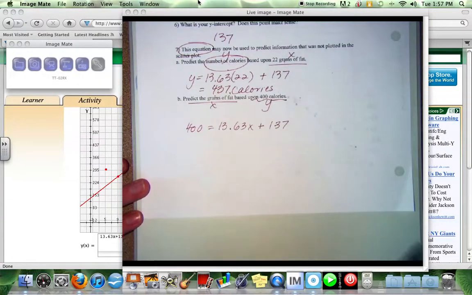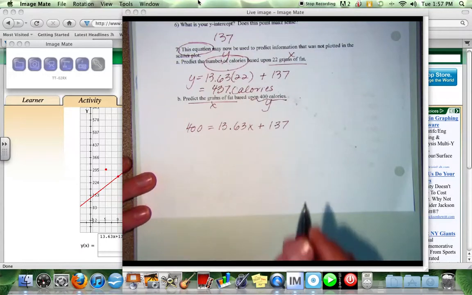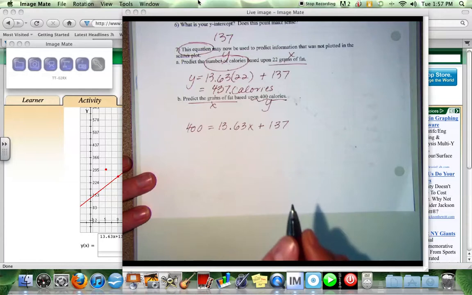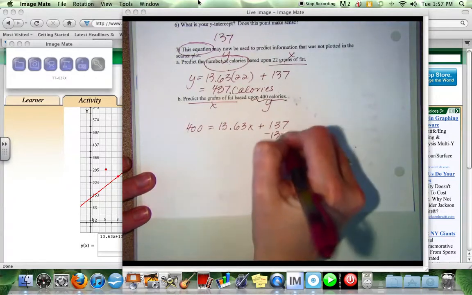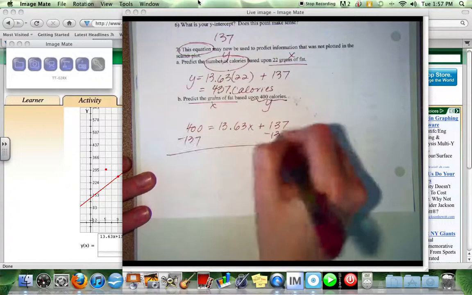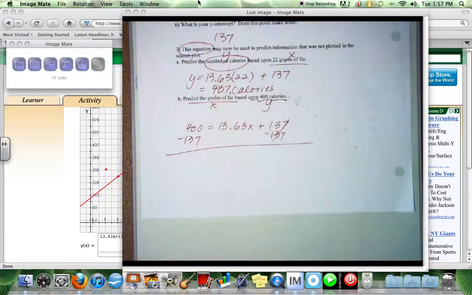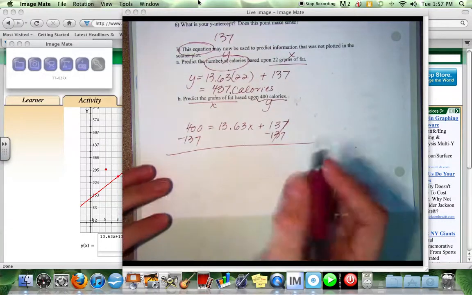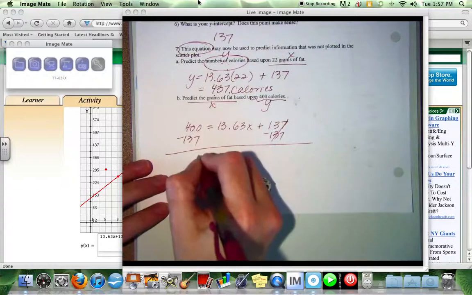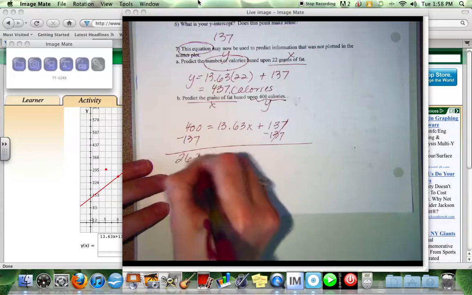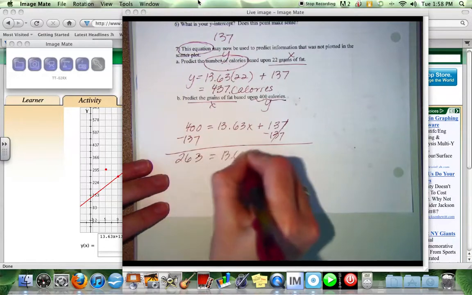So now what do we need to do? We solve it. How am I going to solve it? You subtract 137. So 400 minus 137 is 263 equals 13.63x.